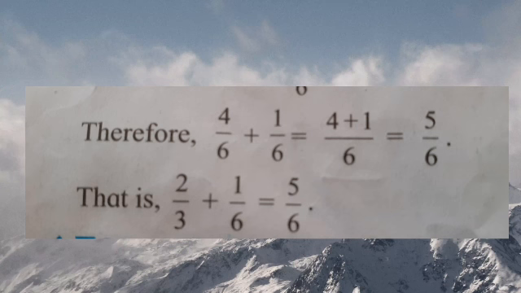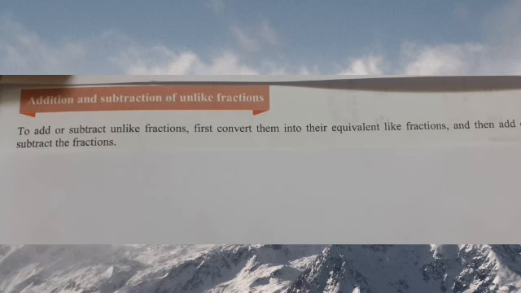Then we get the same denominators. Then we add the numerators and find the answer. Students, you have to follow the same procedure when you are subtracting two unlike fractions. Students, remember, to add or subtract unlike fractions, first convert them into their equivalent like fractions and then add or subtract the fractions. Okay?